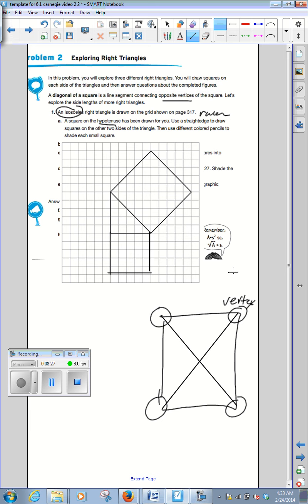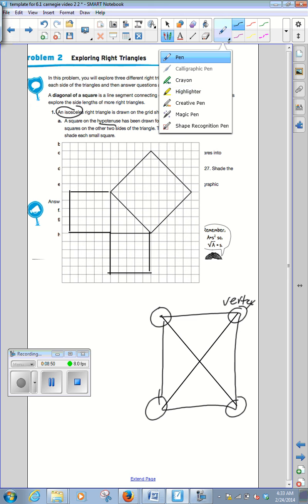So I drew one square along that side that's 5 by 5, because this one is also 1, 2, 3, 4, 5. So this is what it should have looked like.